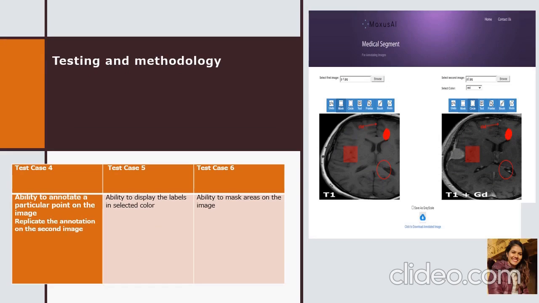The 4th, 5th and 6th cases basically gives the description of each tool in the toolbar. We have given the functionality to each tool. For example, masking.